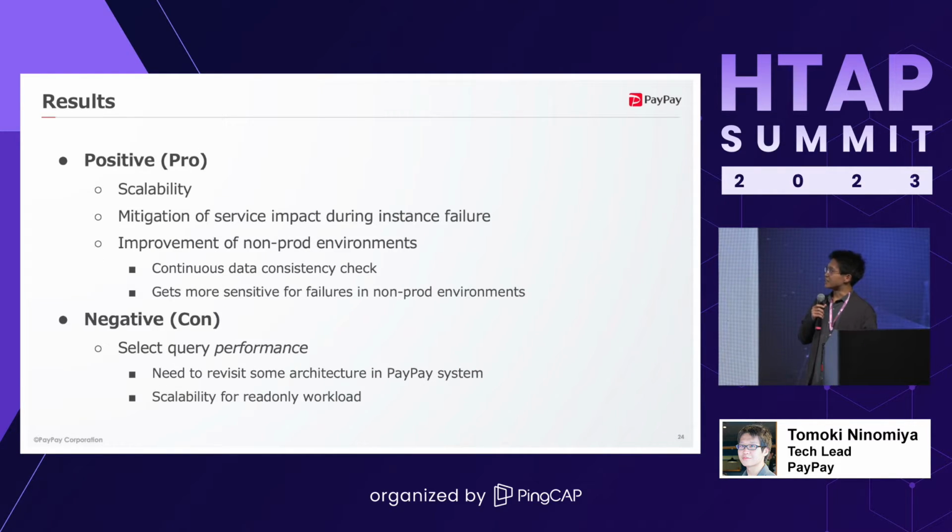So here is the result. As a positive impact, as I mentioned, we are able to achieve better stability, and we can confirm the mitigation of service impact during instance failure. And apart from that, we can improve the non-production environment, as we introduce continuous data consistency checks on those environments, and we became more sensitive to failures in non-production environments.